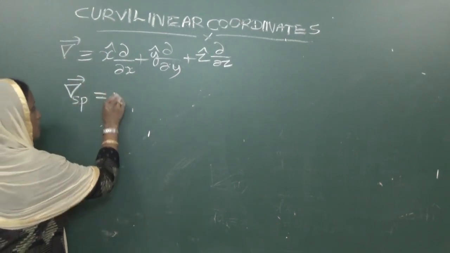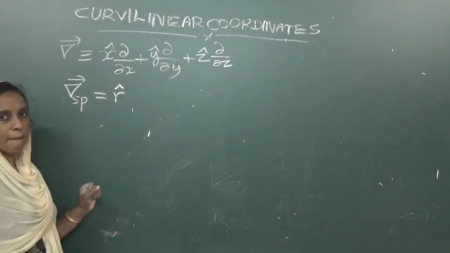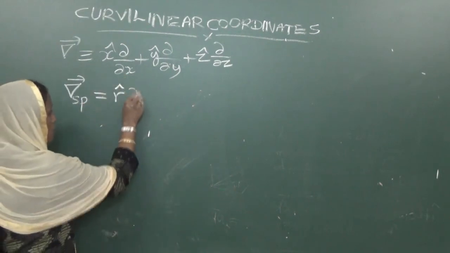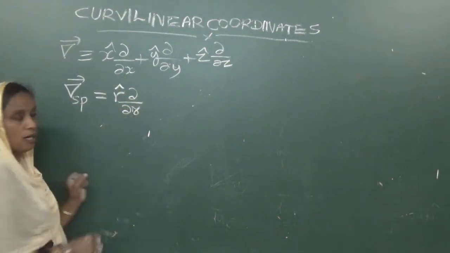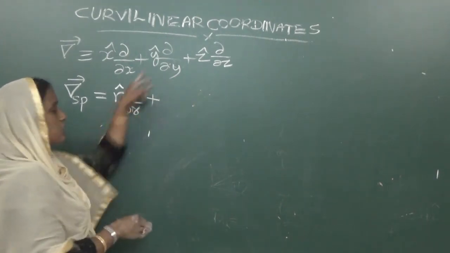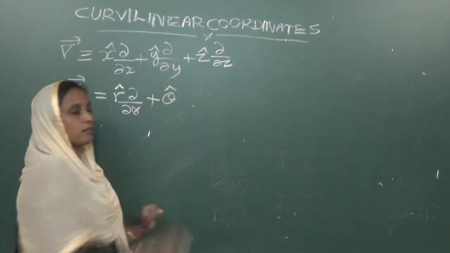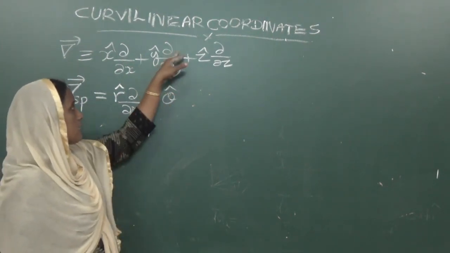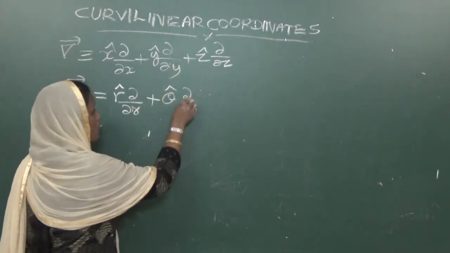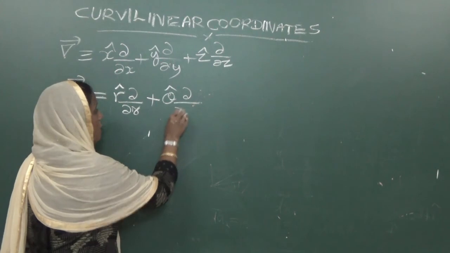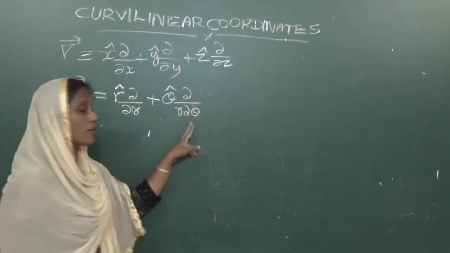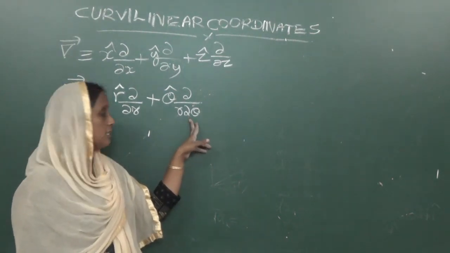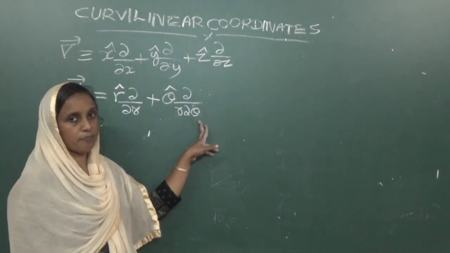Here you know that for the unit vector r cap, this dou x is replaced by dou r, so r cap dou by dou r, plus the next unit vector is theta cap, the polar unit vector along the increment of polar angle theta. In that context, this is transformed into dou by r dou theta, because we already found that dL theta is given by r d theta.